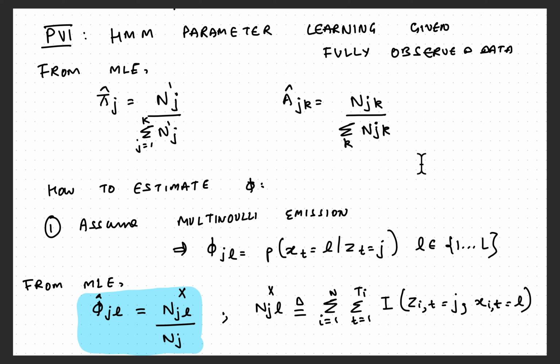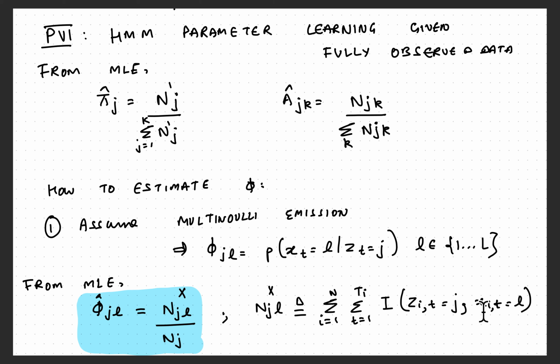Where n superscript x jl is the count of the number of times where you are emitting L when you were in the jth state. Let me repeat that again.